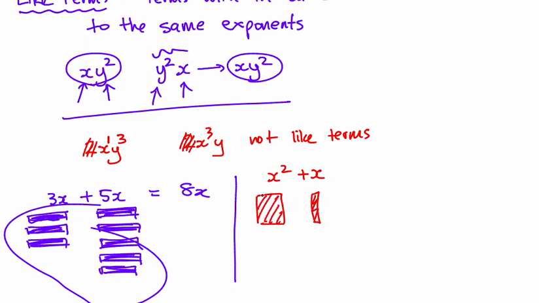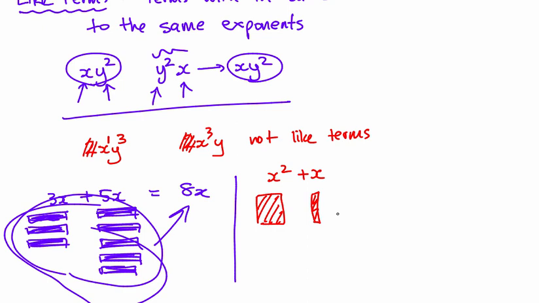Those aren't the same shape, so you can't combine them together. If you're counting these shapes, at least they're all the same shape, and you can combine them together. So you can combine together like terms. But if they're different shapes, you can't combine them, you can't count them and say, oh, I have a certain number of these square rectangles. You either have squares or you have rectangles.